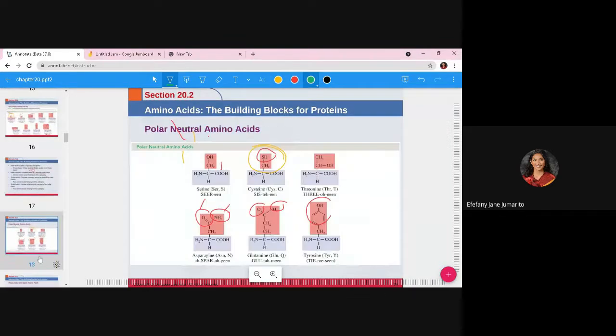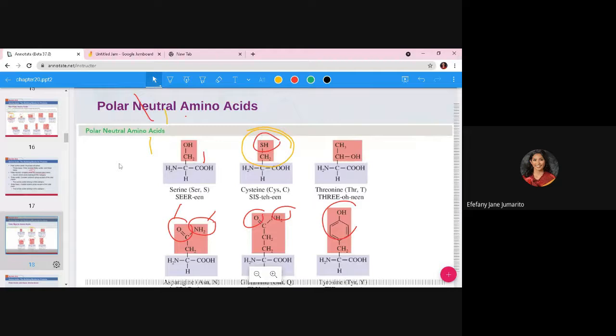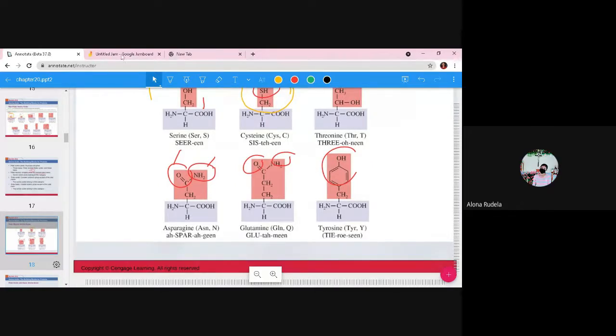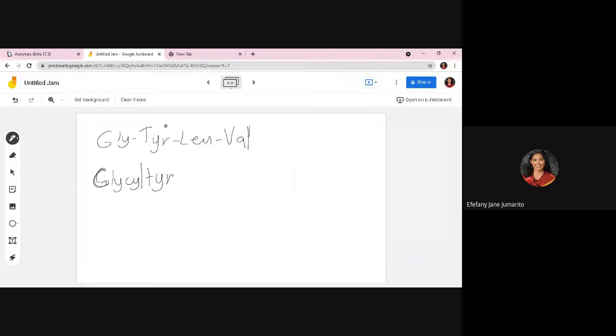Tyrosine. So, tyrosyl. The next one is leucyl, then valine. Okay, so this is valine. So that's the name of your peptide.